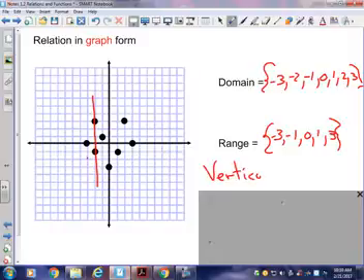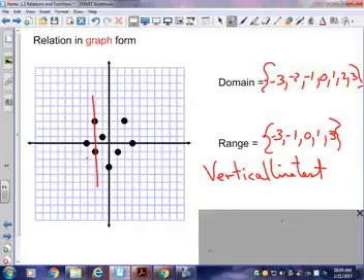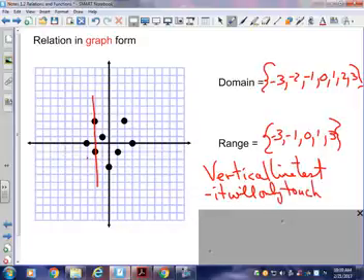A vertical line test basically states that it will only touch one point at a time. If you put a vertical line on any given line here, it can only touch one point.